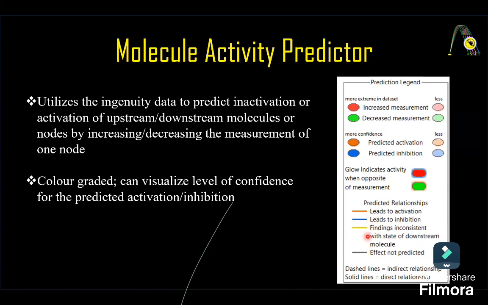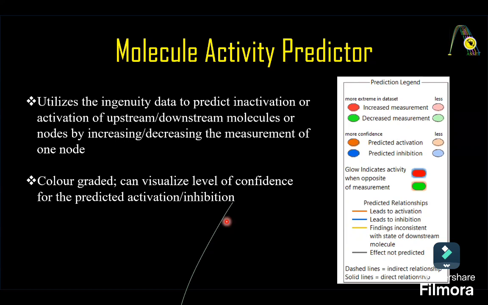If it appears as yellow like this, after increasing or decreasing measurements of a certain molecule, that means that the findings are inconsistent with the state of the downstream molecule. And if you find that there is a gray line, that means that there is no predicted effect using the ingenuity data, right? So that is basically the color scheme that is used with the molecule activity predictor.